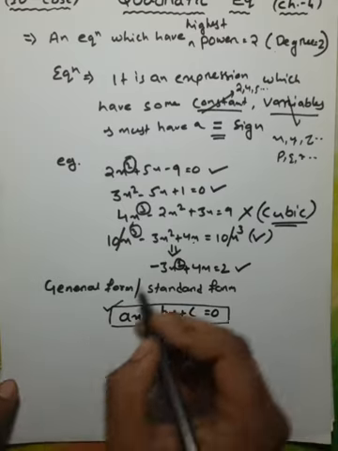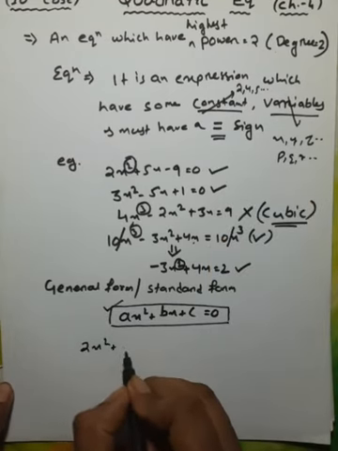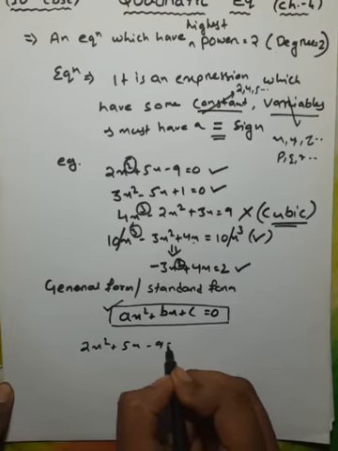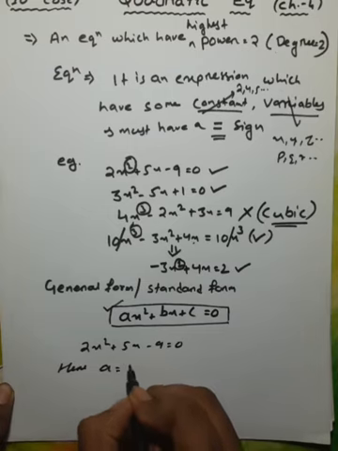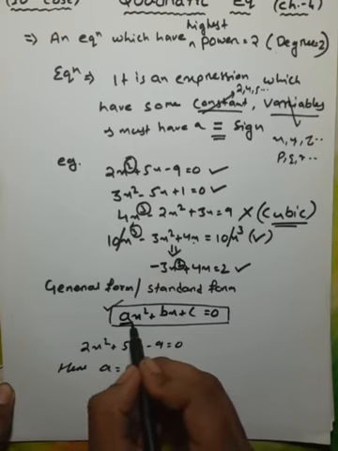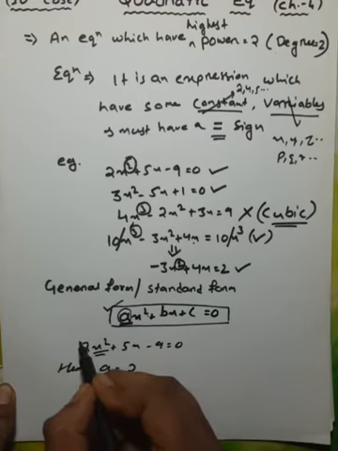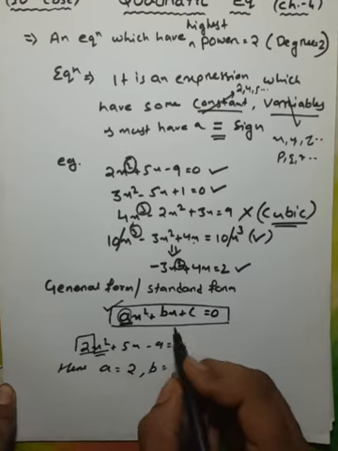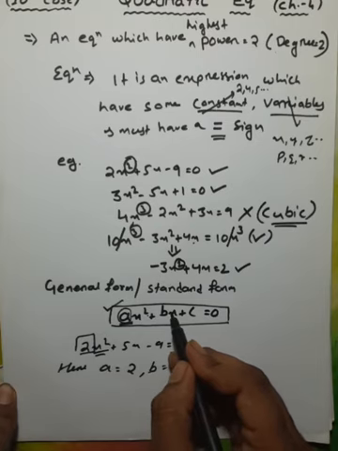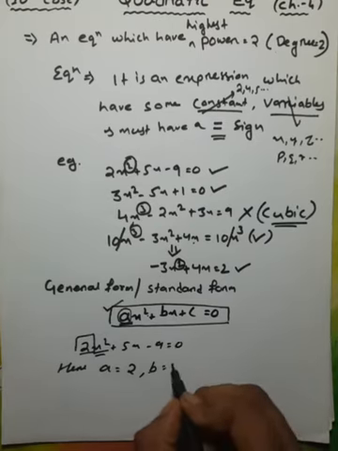Let us see this example. In this case, 2x square plus 5x minus 9 is equal to 0. Here a is 2. What is a? The coefficient of x square. So here a is 2. Then b is the coefficient of x, so b is 5.